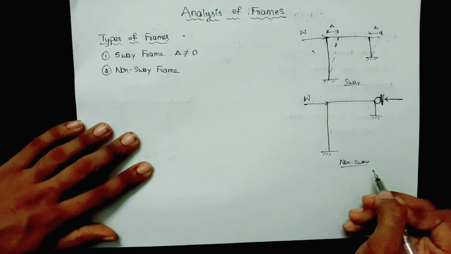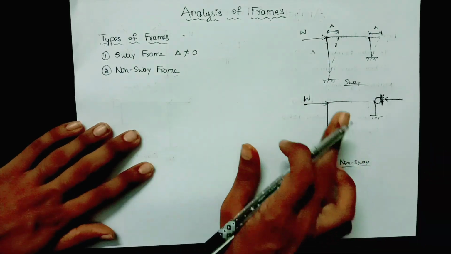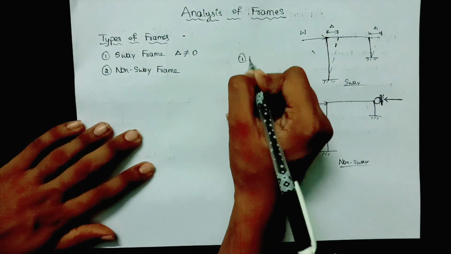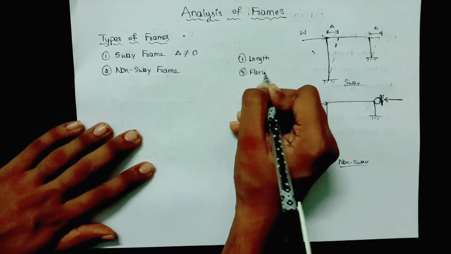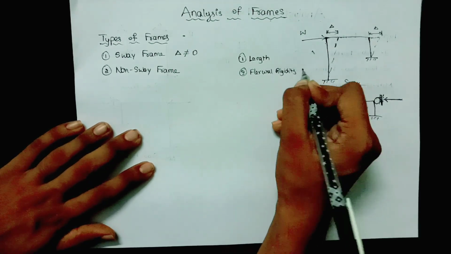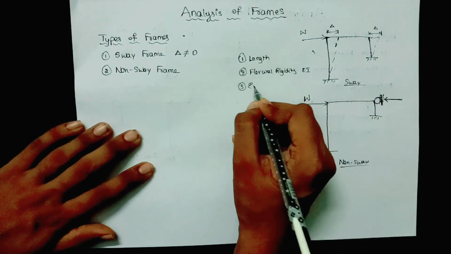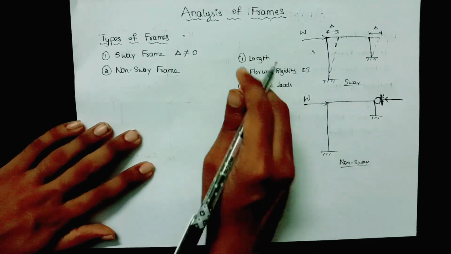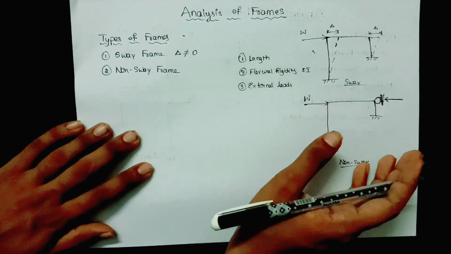A non-sway frame doesn't mean that a roller support is always provided. The identification of a sway frame and a non-sway frame is based on the length of the column and the flexural rigidity. You know flexural rigidity is the product of Young's modulus and moment of inertia. The next one is the external loads. These are the main factors. Based on these three conditions, we have to decide whether it is a sway frame or a non-sway frame.